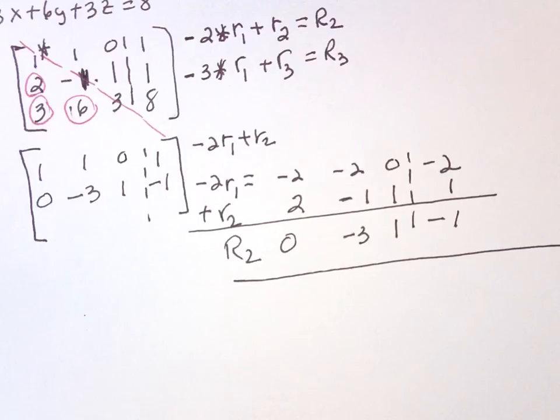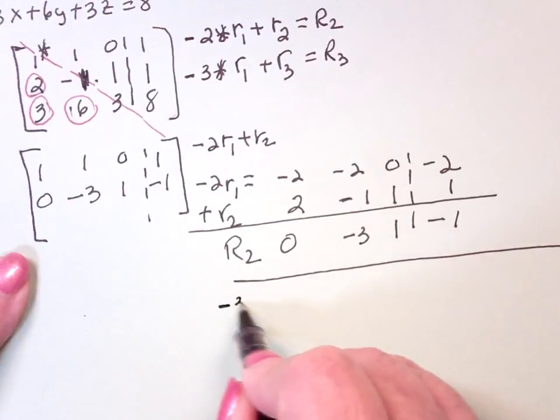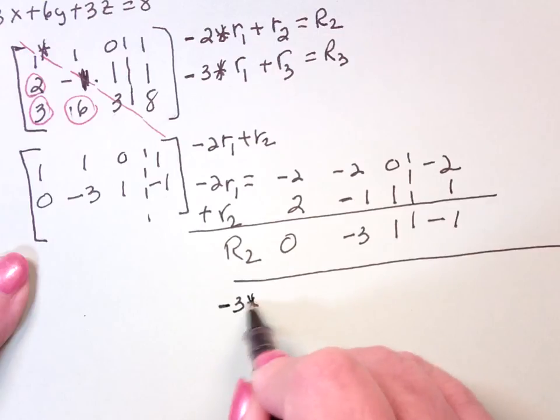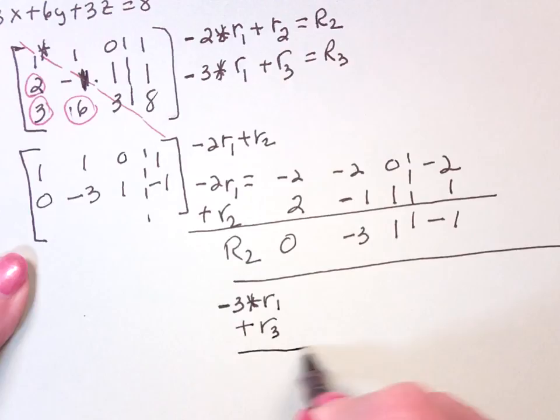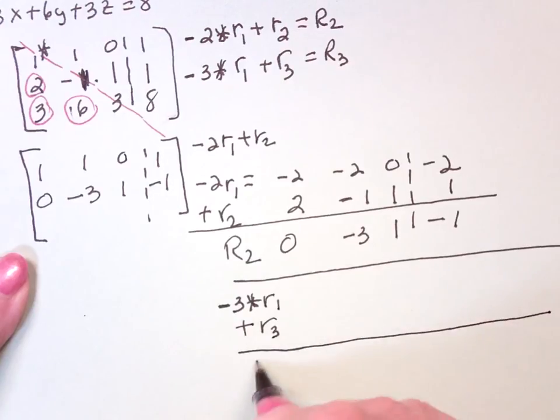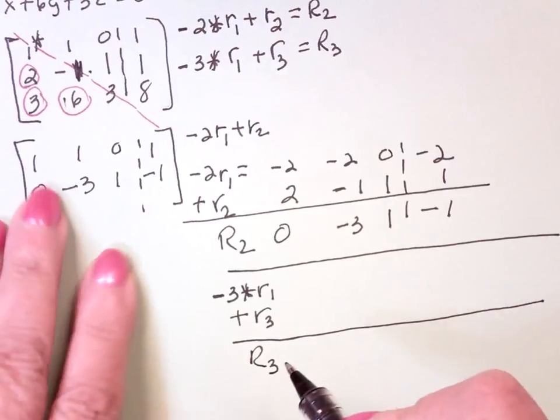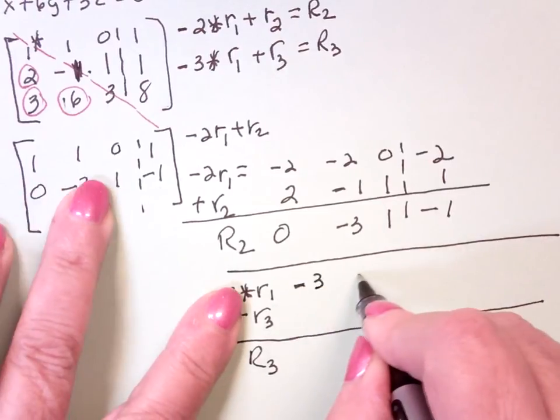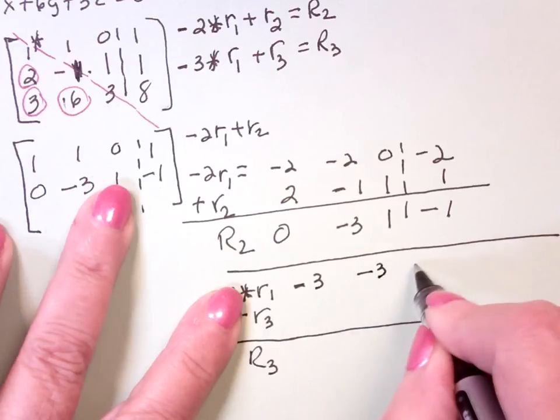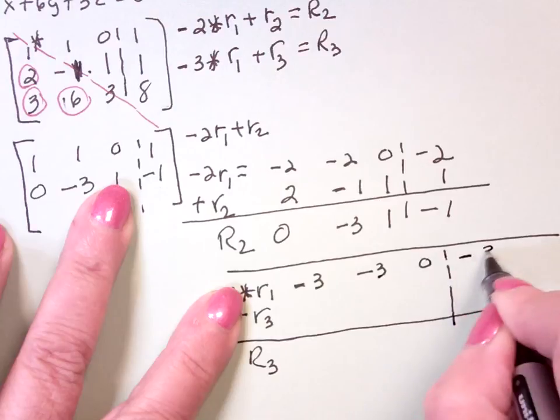Now I'm going to create a new row 3 by taking negative 3, multiplying it times row 1, adding it to row 3 to give me a new row 3. So negative 3 times row 1: negative 3, negative 3, 0, negative 3.